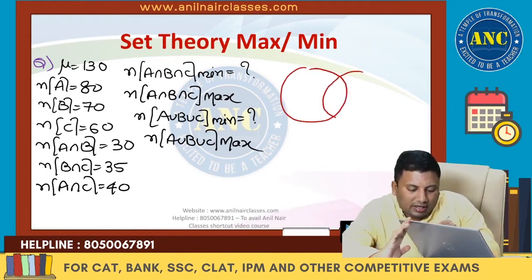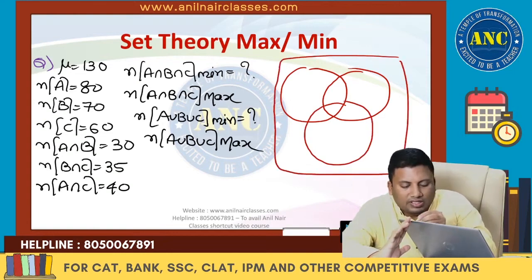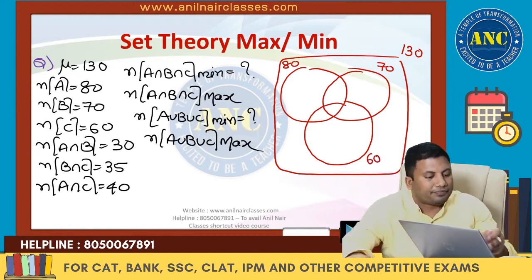A is there, B is there, and C is there. So mu is nothing but 130. N of A is 80. N of B is 70. N of C is 60.